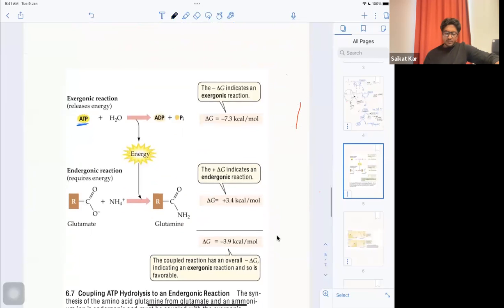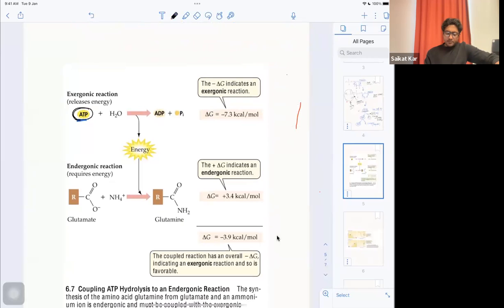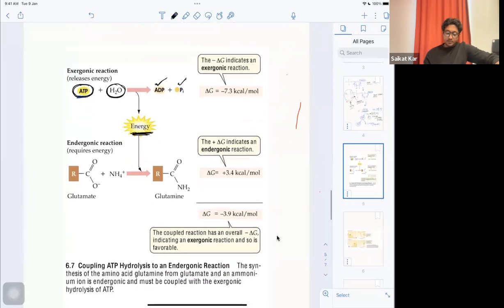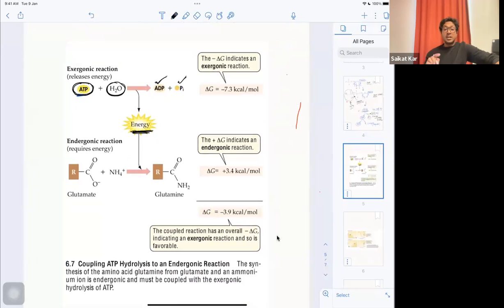Whenever ATP reacts with water, it forms ADP and phosphate. But the amount of energy released in this reaction should be utilized as soon as possible by another reaction. Here glutamic acid is reacting with ammonium ion to form another compound called glutamine.